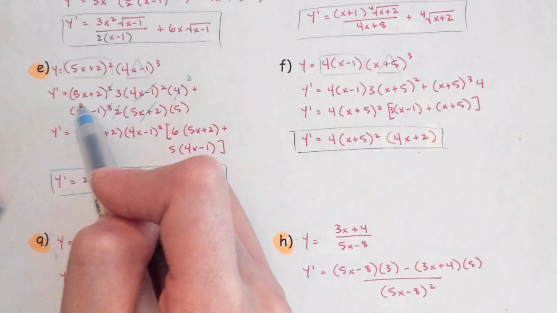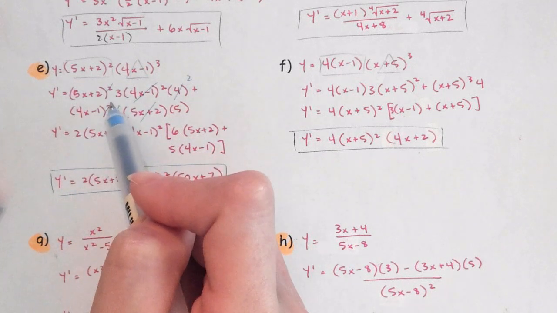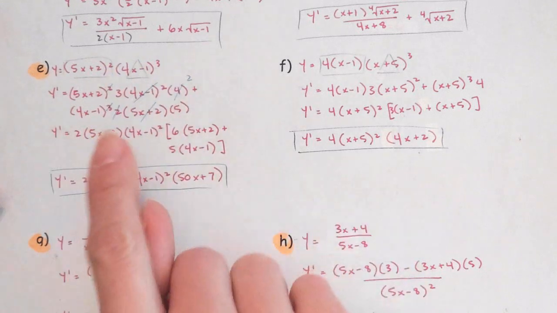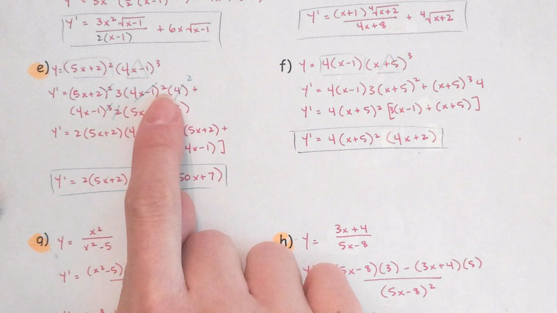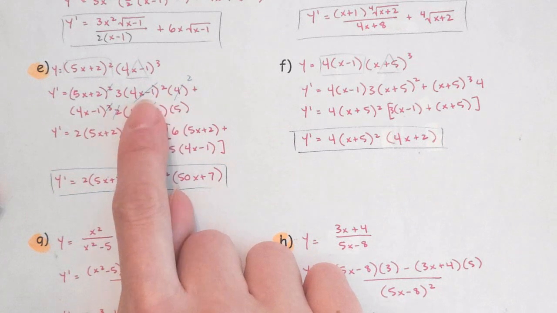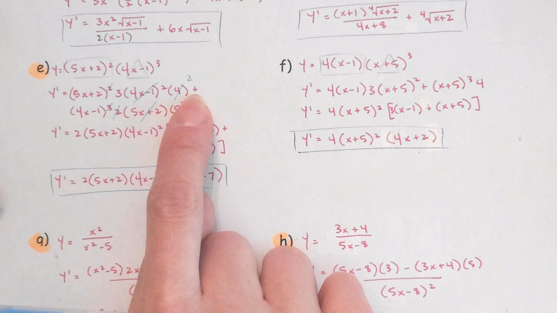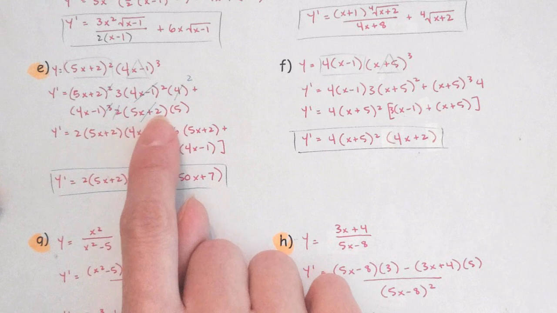So then you have your box, ignore the blue, okay. You have your box times the derivative of the triangle, which is 3 comes forward, and then the inside to the power of 2, and then times the derivative of the inside, which is 4, plus, you still need to do your triangle times the derivative of the box.